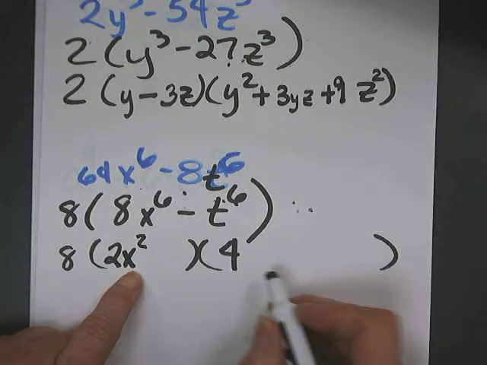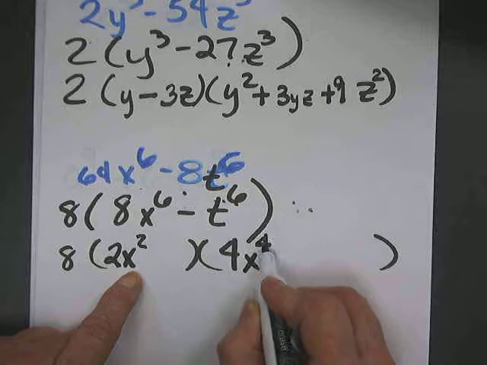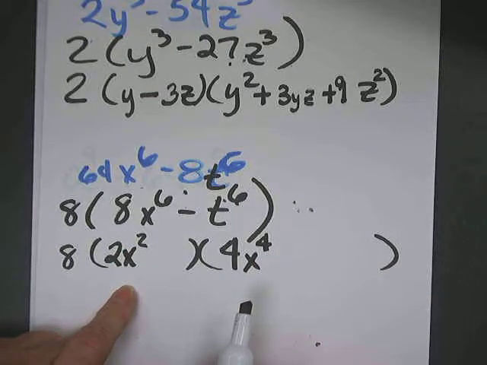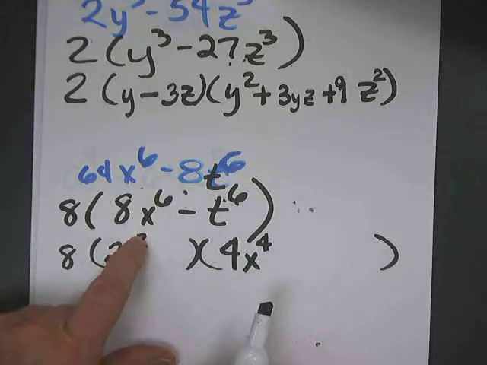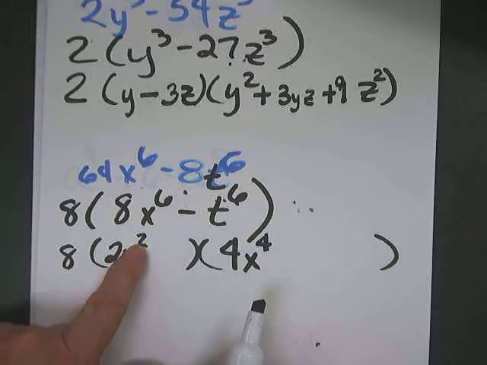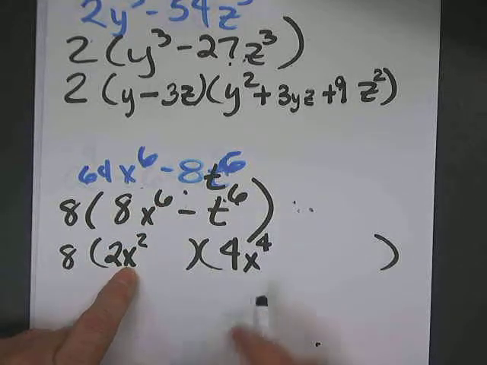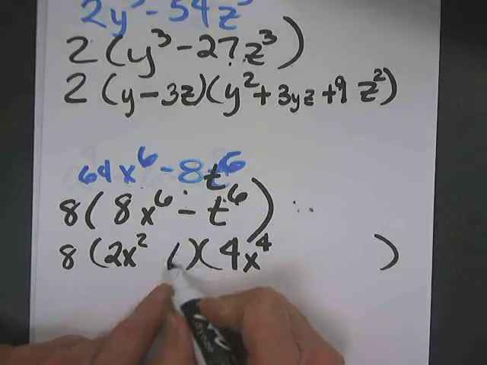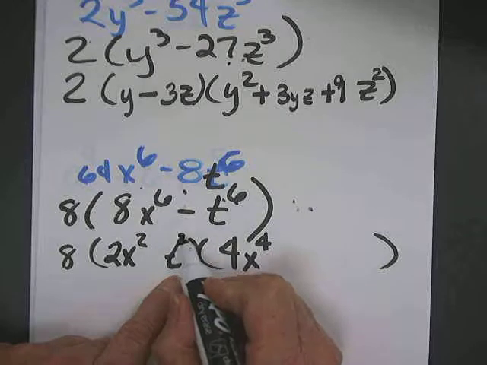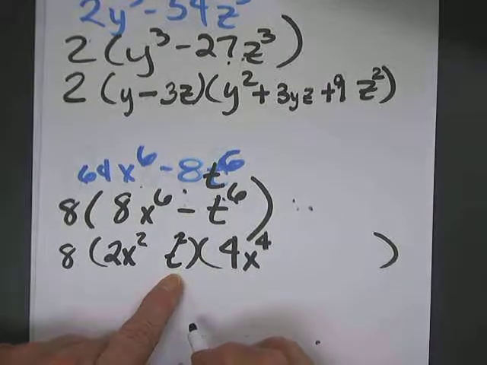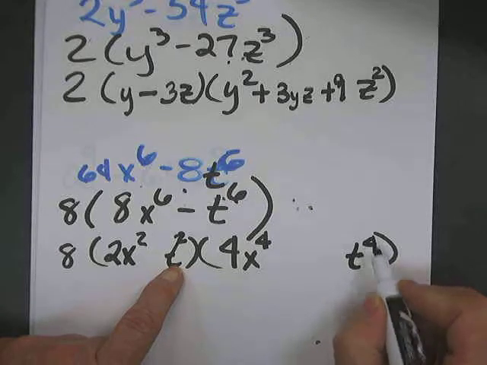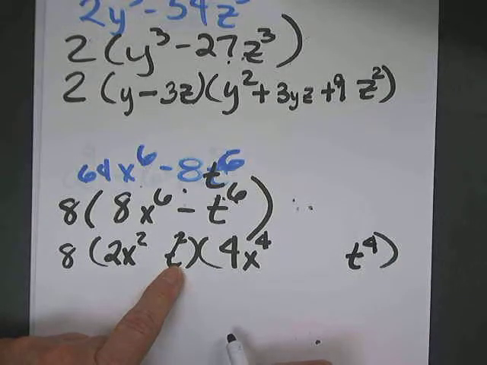Perfect cubes? Yes. Okay. 2 and 3. 8 is what? 2 cubed, right? 2 times 2 is 4. So that's the cube root of it. That's 2 squared. How about the x to the 6th?